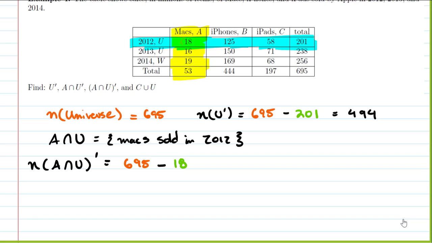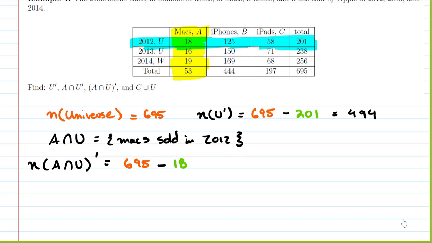The set A was Macs sold in 2012, 2013, 2014, and their total. The set U was Macs, iPhones, and iPads sold in 2012, and their total. So the and is where the yellow and the blue meet, which makes green, which is 18. The and has to be in both sets. The only thing that's in both sets is the Macs sold in 2012.